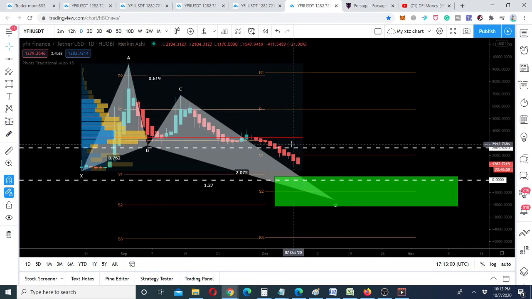And we also can see that this point of control, that is POC or point of control of the volume profile, works as a center of gravity for the price line. I've been telling you this point in my previous so many videos as well, that the point of control of the volume profile works as a center of gravity. Whenever the price line moves down or moves up, it always pulls back the price action toward itself.